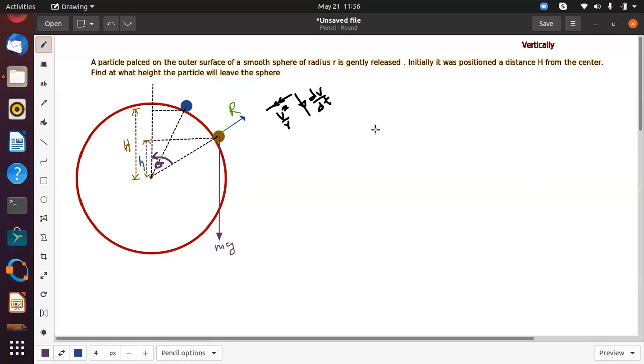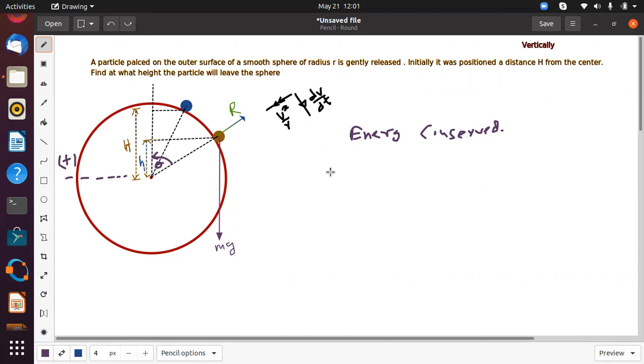Using the energy conservation law, energy is conserved. At the starting point, let's take this to be the reference line; anything above it is considered positive potential energy.